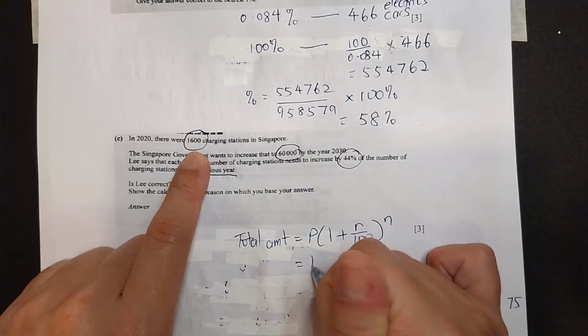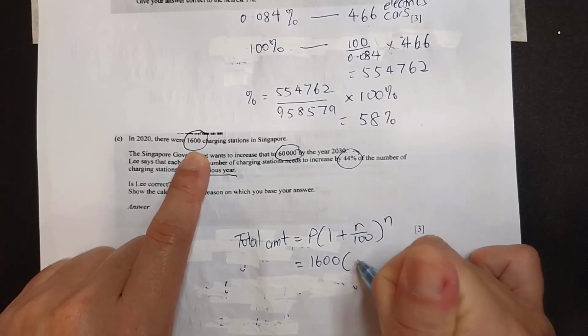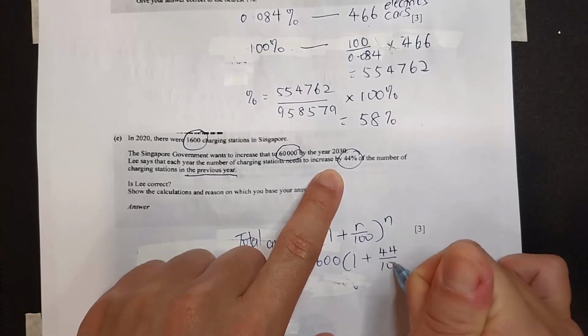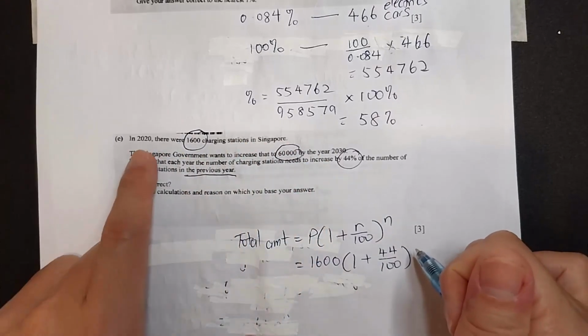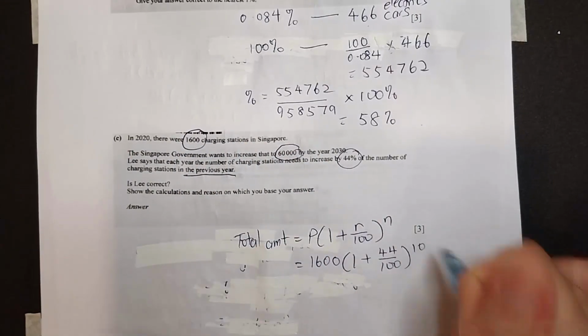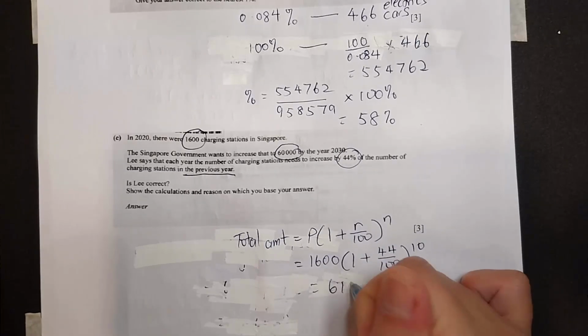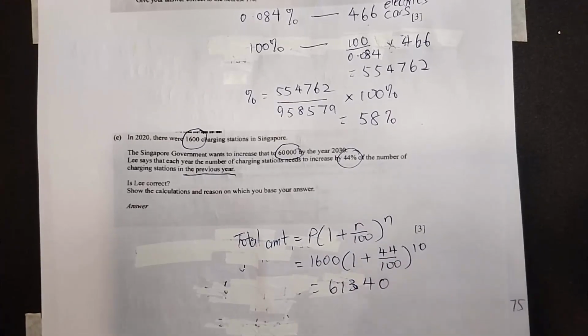So the original was 1,600, and the rate that we're increasing is by 44%, and the number of years from 2020 to 2030 is 10 years. And let's see, will this get us close to 60,000? So we will have 61,340.